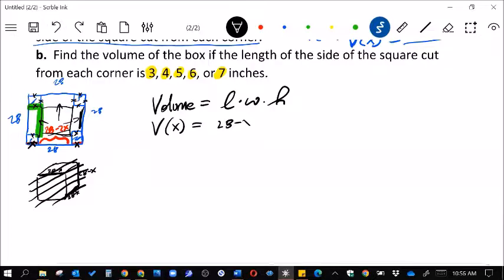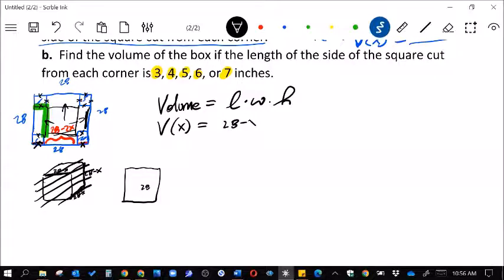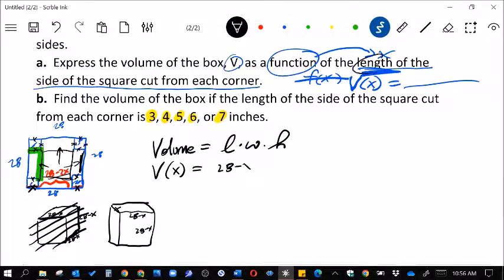This part here is 28 minus x. This one's 28 minus x. I want to draw it over on this side for space. But this part's only x. So the length is only x, and the height and the width are 28 minus x.